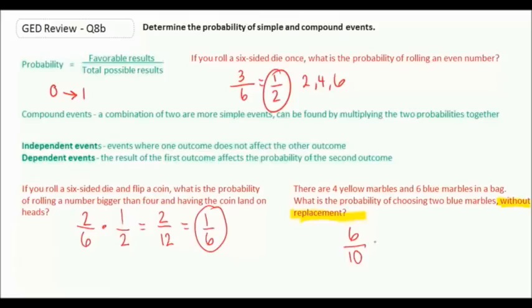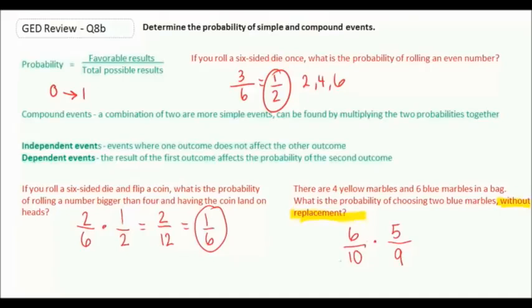So now we need to assume that we have taken that marble out. We have a blue marble, which means that the number of marbles in our bag has gone down from 10 to 9. And if we took out a blue marble, we don't have 6 anymore, we have 5 instead. Okay, so let's cross-reduce in this case.